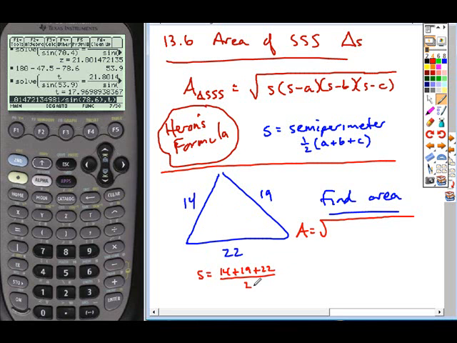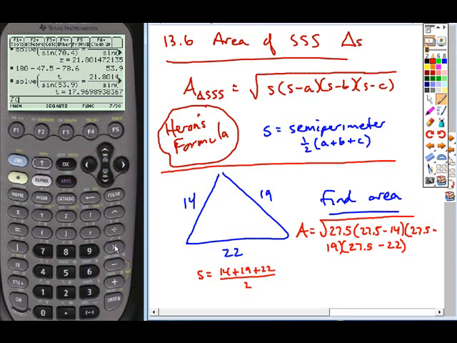The semi-perimeter is 27.5. So you multiply that by the difference between that and every individual side, and that final calculation will be your total area.